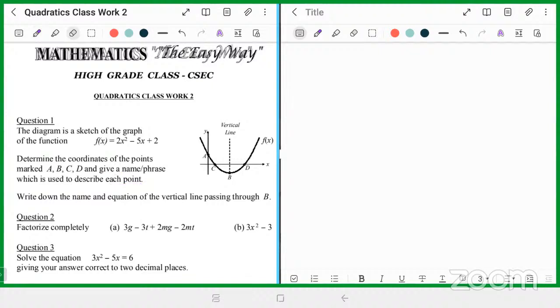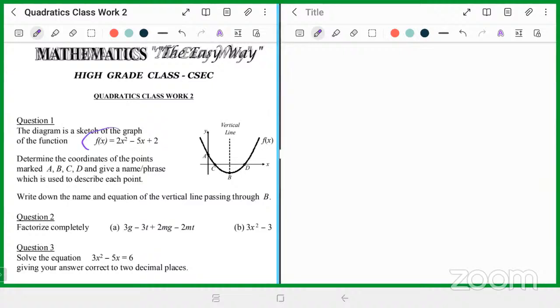After that, we are to write down the name and equation of the vertical line passing through B, which you know is the axis of symmetry. So the more things you know, the better. I always say, if you know your stuff, then you don't have to think. The majority of questions in CSEC is such that if you know what you're supposed to know, there's no need to think, you just do. So let's see how we could approach this, using our knowledge.